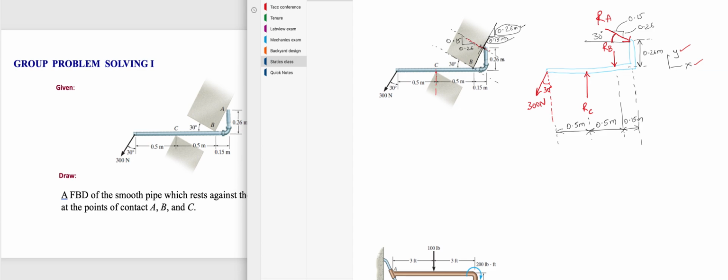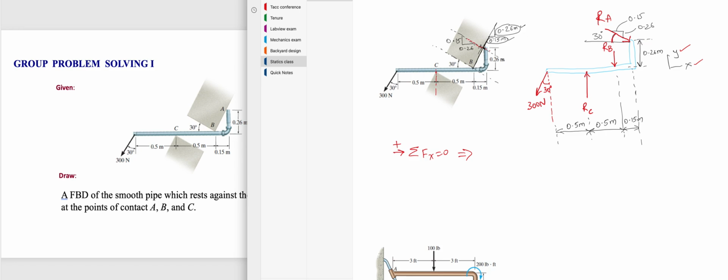The equilibrium equations are sigma Fx is equal to 0. Sum of all the forces in x should be equal to 0 in a free body diagram, assuming to the right is positive, implies. Now tell me, what are all the forces in the x? Let's start with the 300 newtons, which is on the far left.